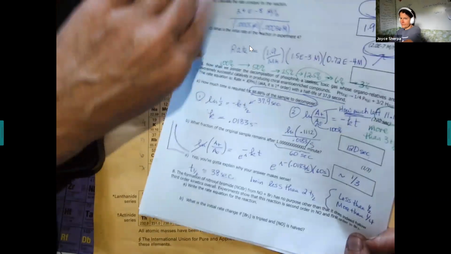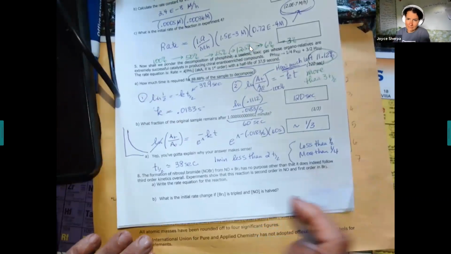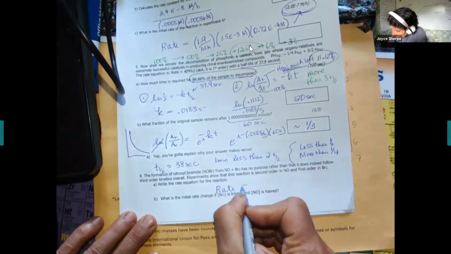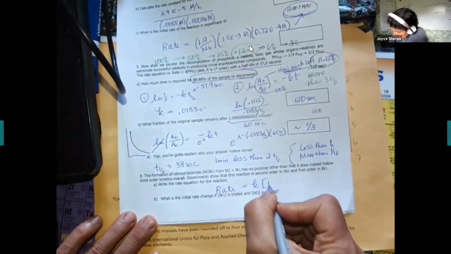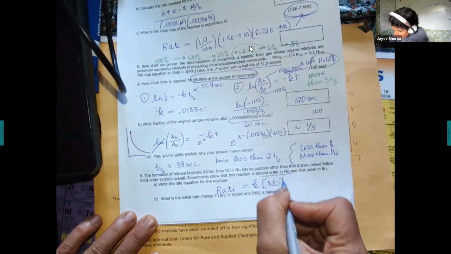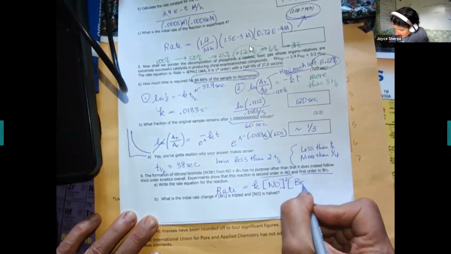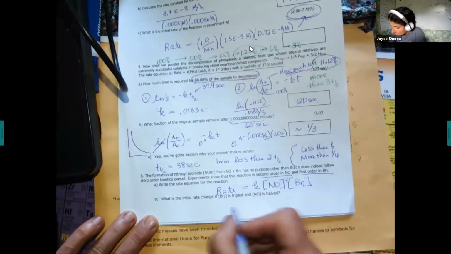All right, and then the question at the bottom. Because we've been doing lots of problem solving, this one is more theoretical, so we just write the rate law. It tells us rate equals k, second order for NO, so NO squared, and first order for bromine, so we would just say bromine. What's going to happen?